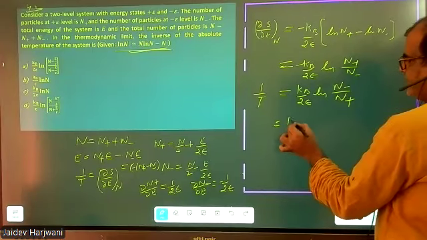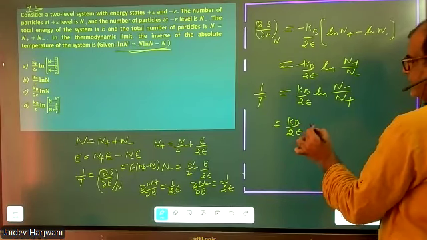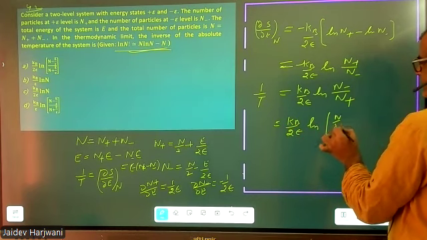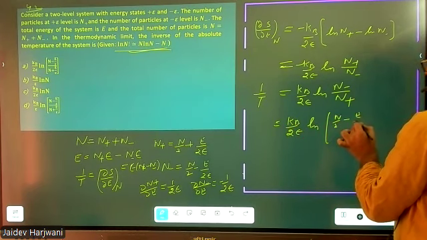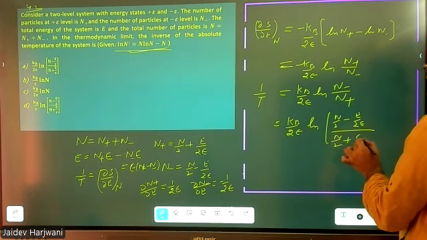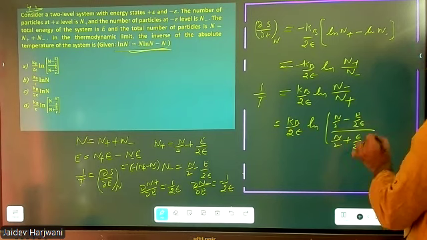So this is KB upon 2E ln n minus, which is n by 2 minus E upon 2E, and this is your n by 2 plus E upon 2E.